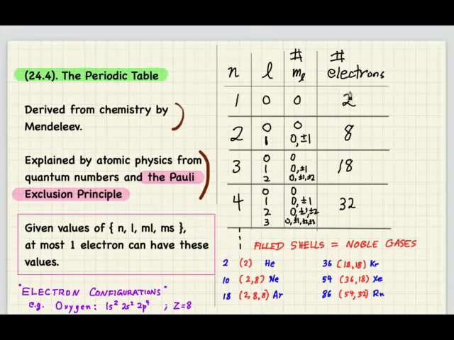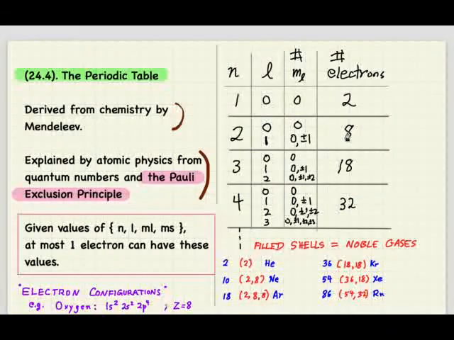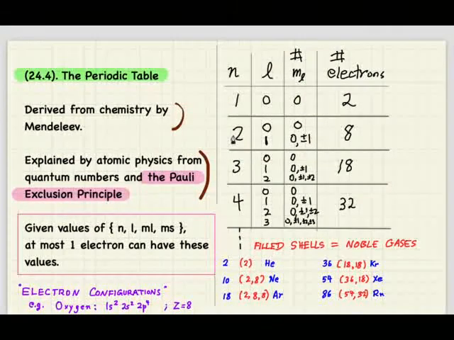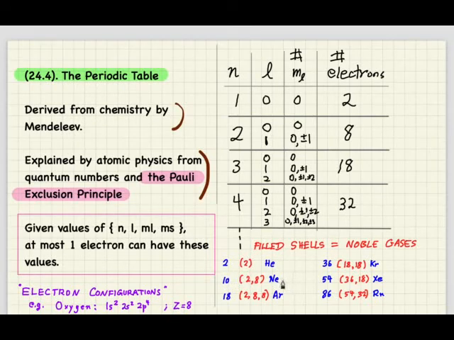That means you can put 10 electrons in the energy levels n equals 1 and n equals 2. That corresponds to neon. Neon has atomic number 10. It's 2 1s electrons, 2 2s electrons, and 6 2p electrons, making 10.